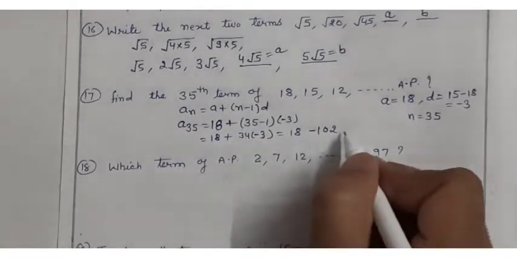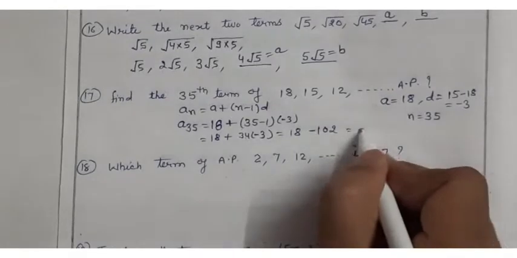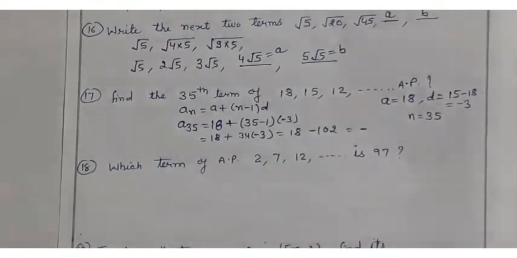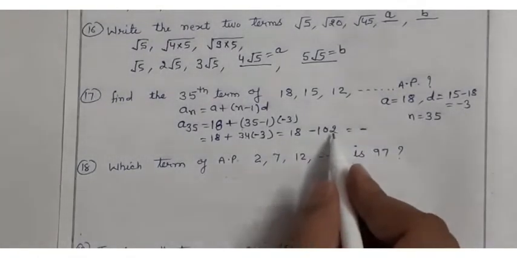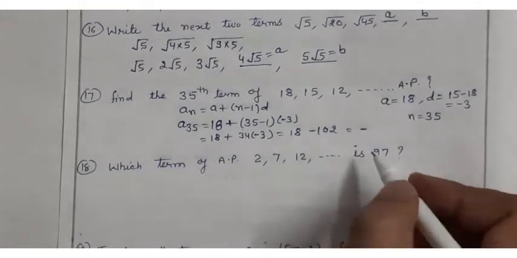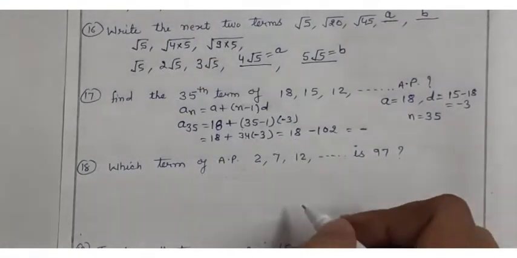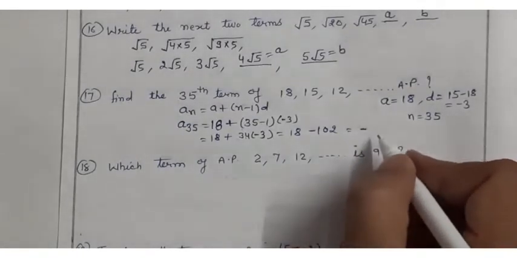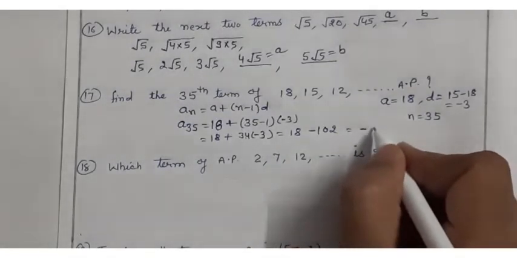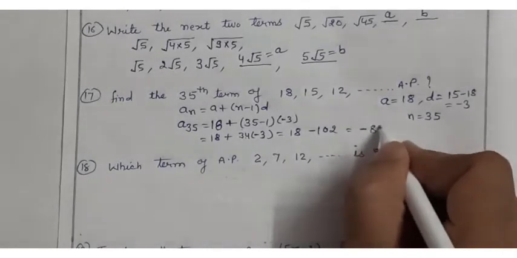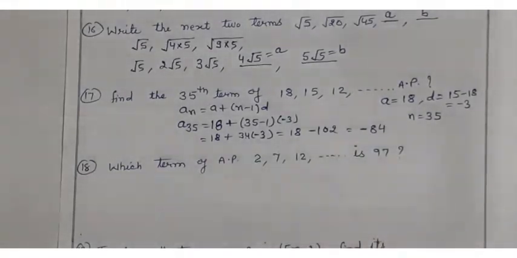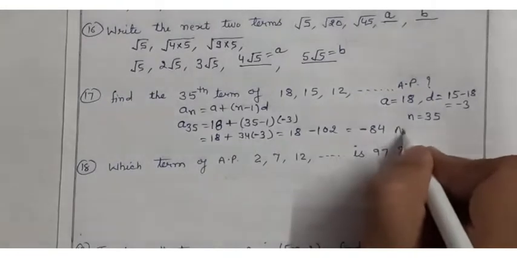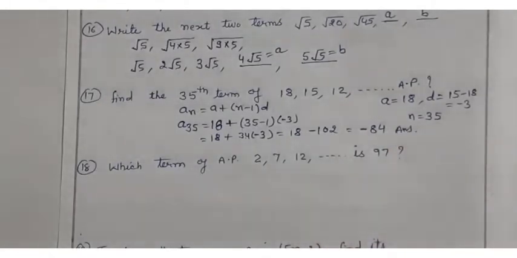So the greater number is 102 and the minus sign will come. Then from 102 we have to subtract 18. What will come? This is your 84. Minus 84. This is your answer.